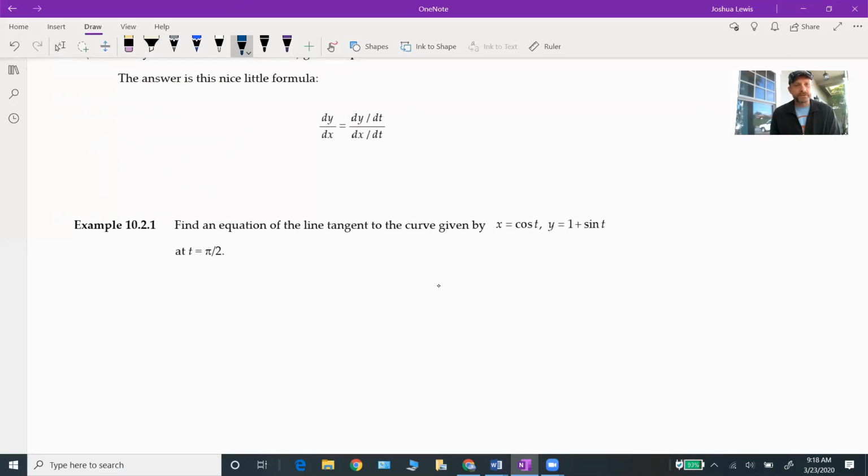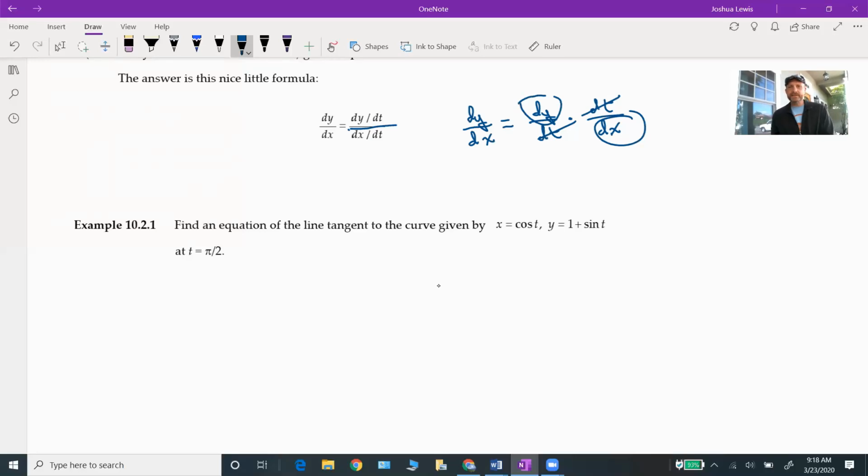You could think about some algebra here. What does division really mean? We're multiplying by the reciprocal, and sure enough, you're left with dy/dx.